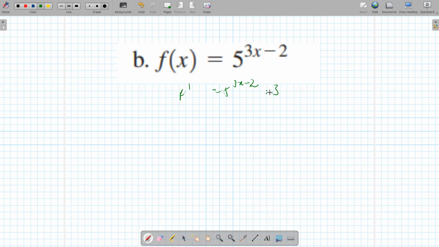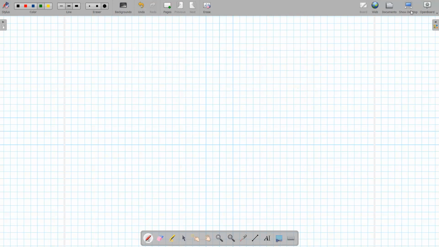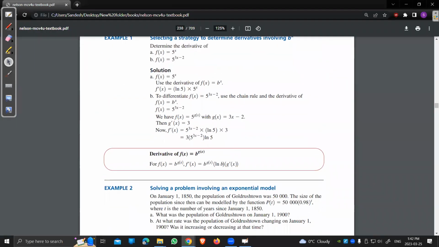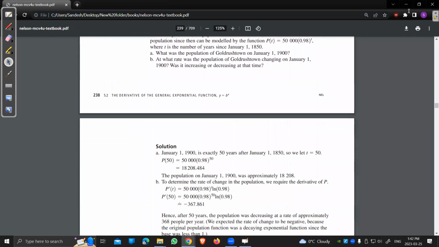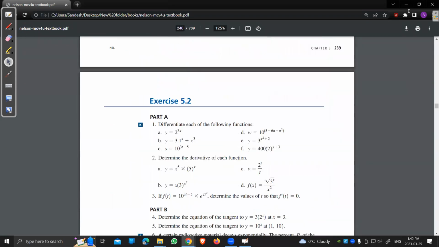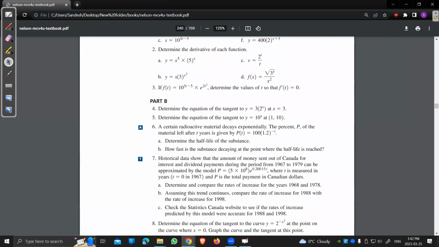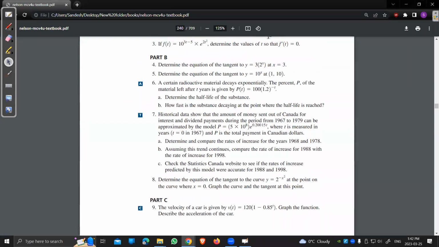Anything else? You do the ln thing. Yeah, multiply by ln of what? 5. Cool. Make sense? That's literally it. We're going to do some other questions here, but that's the gist of it.